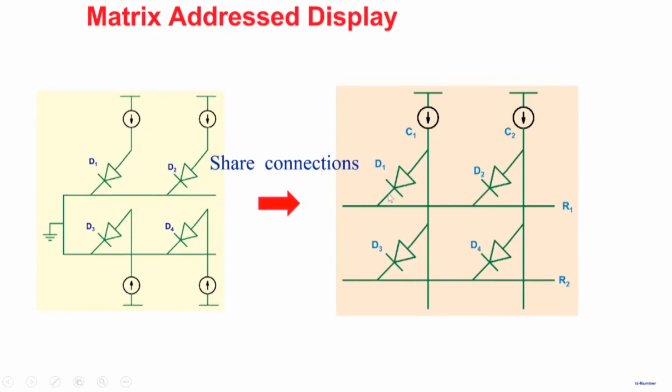But what has happened is, this LED's cathode and this LED's cathode are all connected together into what we call row 1. And these LEDs D1 and D3 share a column here, right? So we call it column 1 and column 2. In this case you require 4 external terminals, and in this case also 4 external terminals, and that's because it's only 2 cross 2.